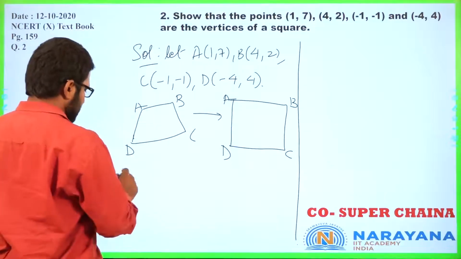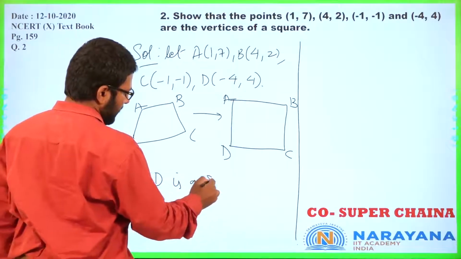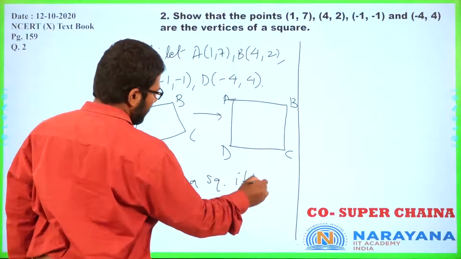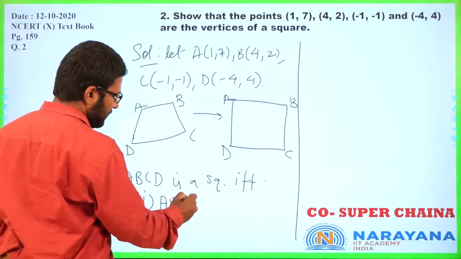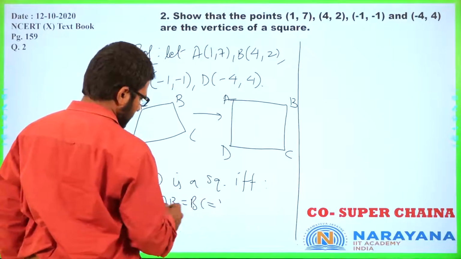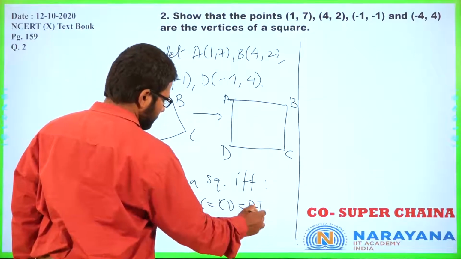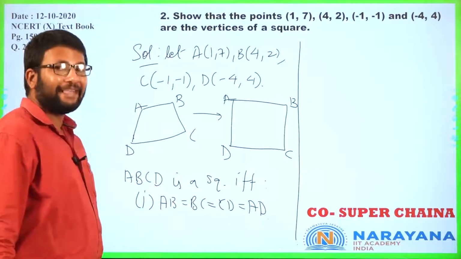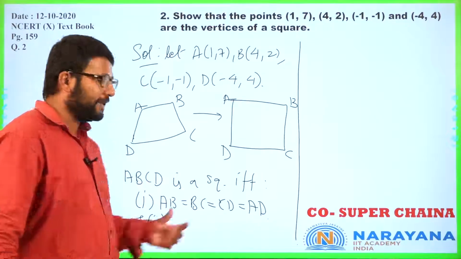So, ABCD is a square if and only if, first, all sides must be equal. AB equal to BC equal to CD equal to DA. And mind you, when all sides are equal, it can also be a rhombus.